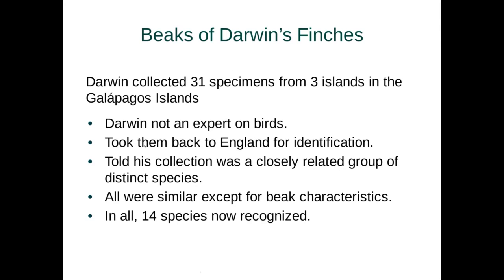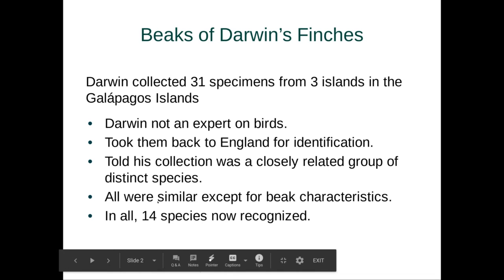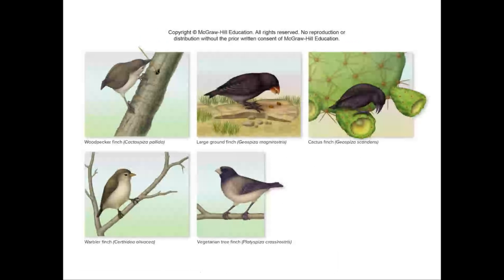And just as a note, Darwin collected a certain number of species. In total, we now recognize there are 14 species of birds on the Galapagos. But this is what Darwin collected. And again, it's not exactly the most remarkable group of individuals to completely define an entire scientific way of thinking, but they really do illustrate this idea of natural selection perfectly.